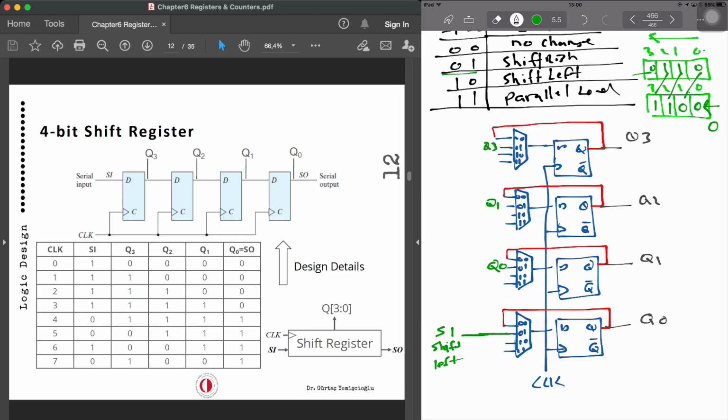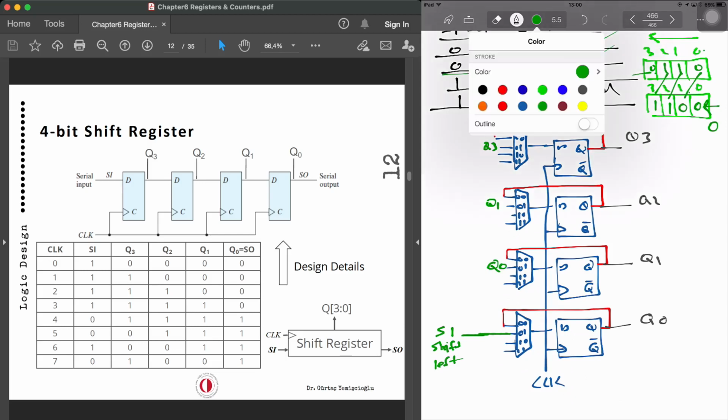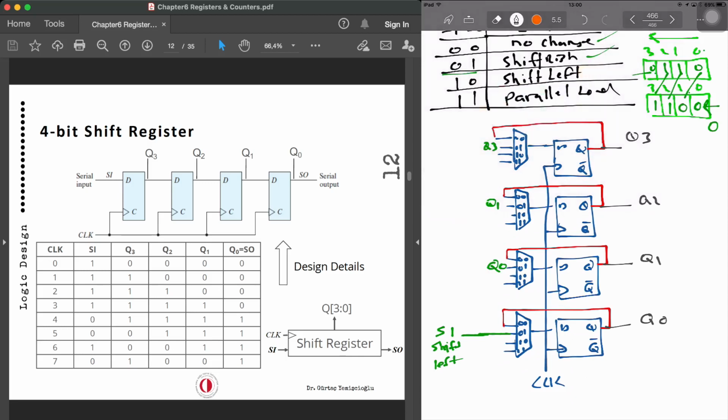Now we have completed no change and shift right. The next thing to do, shift left. Now shift left is the operation the other way round, which I can demonstrate here. Sorry, I've done it the other way around.